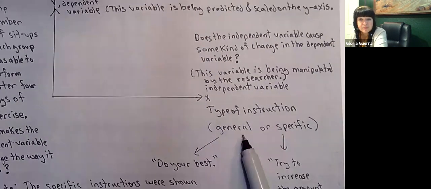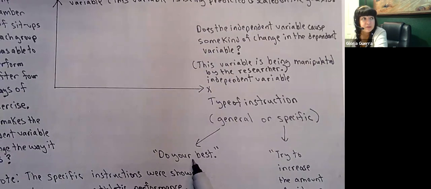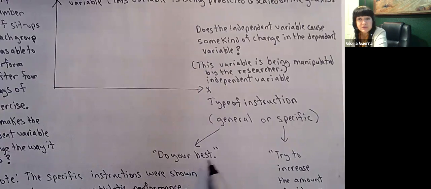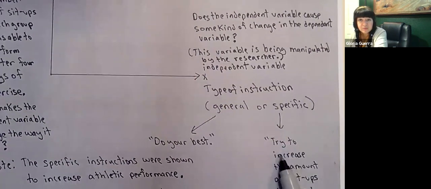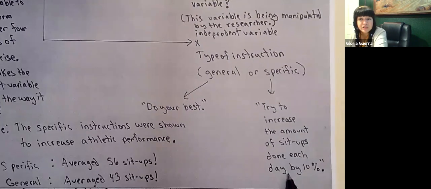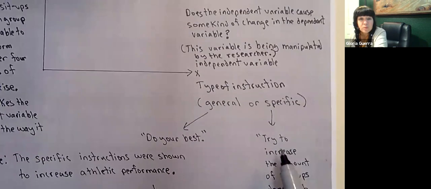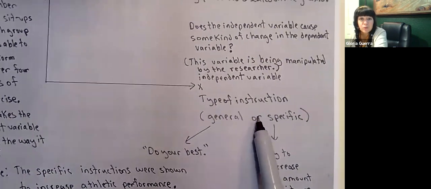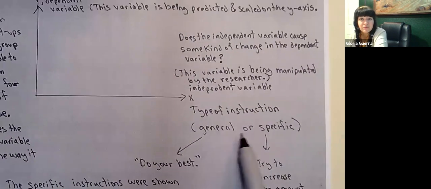There's a coach that gives people general instructions, like just do your best. And then they give them specific instructions on their sit-ups: try to increase the amount of sit-ups done each day by 10%. So the independent variable is the type of instruction that gets manipulated. One is general, one is specific.